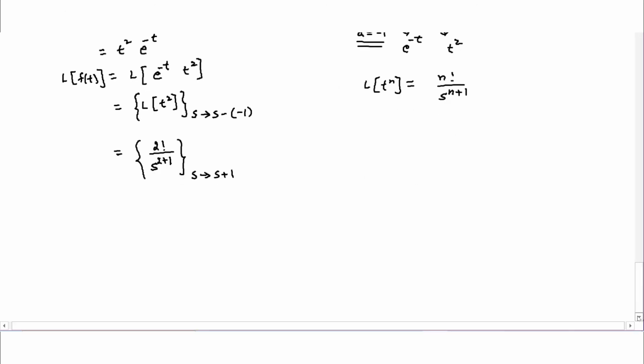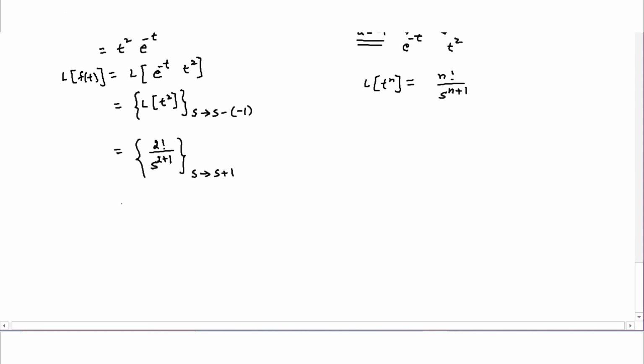So you can replace s with s plus 1 and simplify. 2 factorial is 2, divided by s plus 1 whole power of 2 plus 1, which is 3. So we got the Laplace transform L of f of t. This represents your f bar of s.